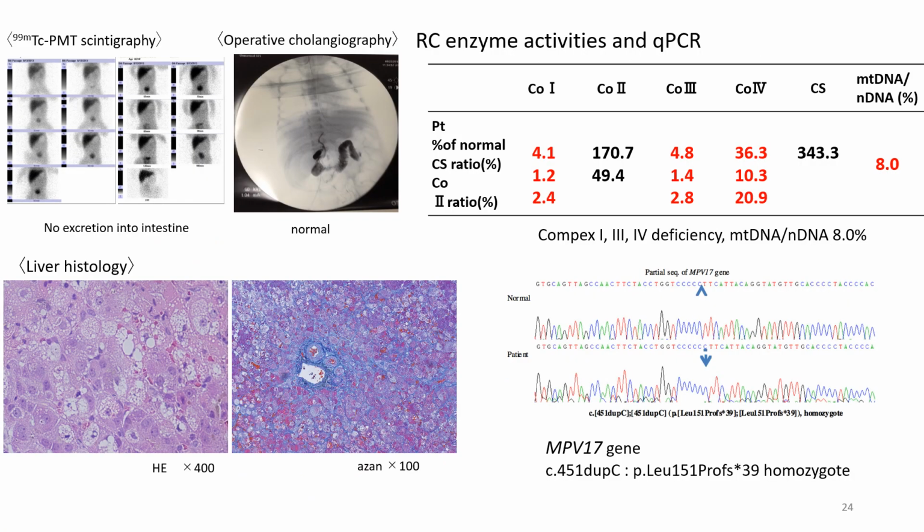A liver biopsy was performed at the age of 60 days. His liver pathology showed macro and microvesicular steatosis and fibrosis in the portal area and pericellular fibrosis. Enzyme analysis revealed the liver had RC complex 1, 3, and 4 deficiency, and the amount of mitochondrial DNA was decreased to 8%.